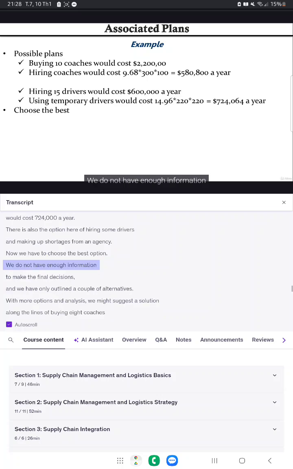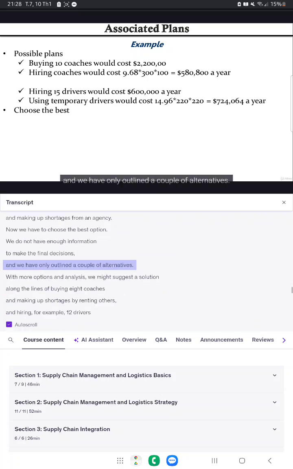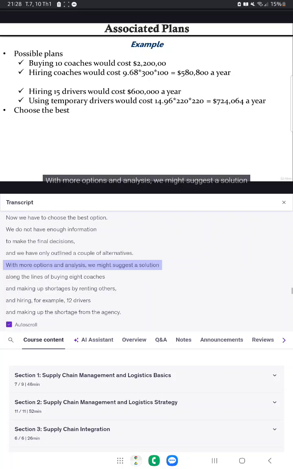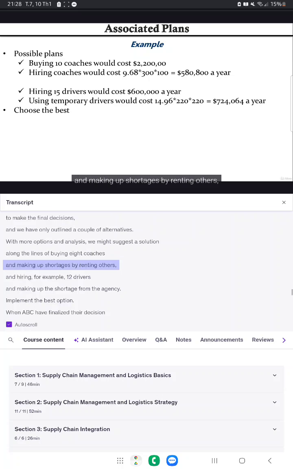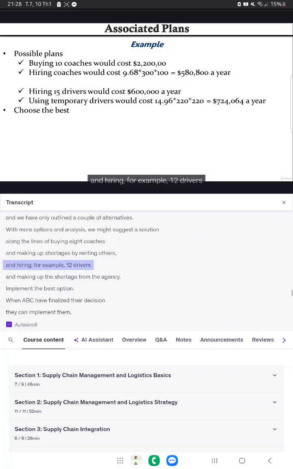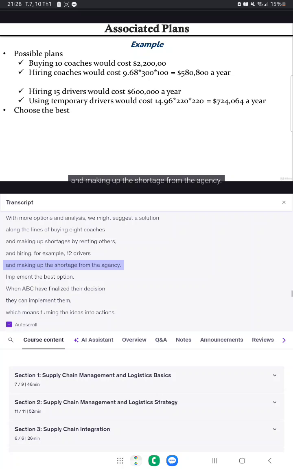We do not have enough information to make the final decisions, and we have only outlined a couple of alternatives. With more options and analysis, we might suggest a solution along the lines of buying 8 coaches and making up shortages by renting others, and hiring, for example, 12 drivers and making up the shortage from the agency.